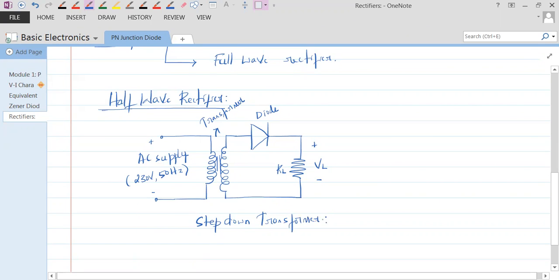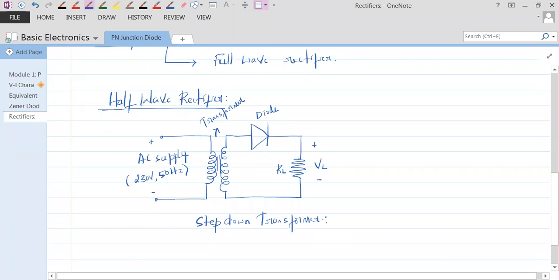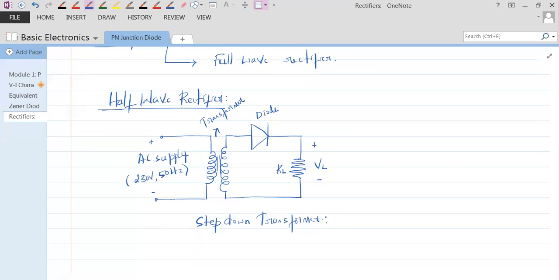If you have learned this earlier, anybody? There are two types. One is step up, the other one is step down transformer. It converts high voltage into lower voltage. Good. For electronic devices, I told you we don't use 230 volt supply. We use a supply which is much smaller than 230 volts.